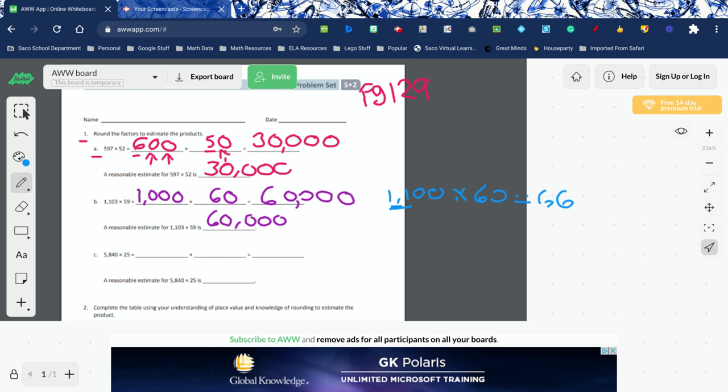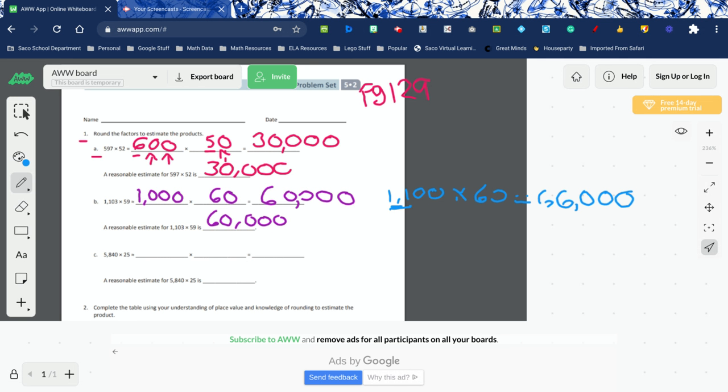And I can see that I have 11 that I'm going to need to multiply by, and 11 is not too bad of a number to multiply by, so I'm going to go for it. 1,100 times 60. 6 times 11 is 66. And I have 1, 2, 3 place values to slide. So this estimate would give me 66,000.